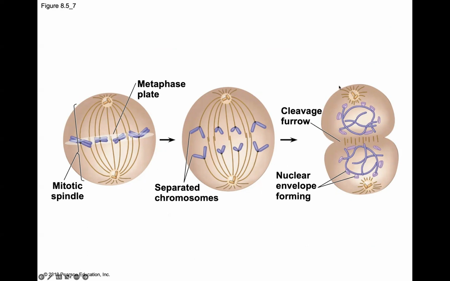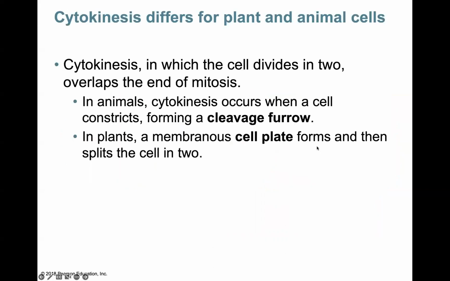In telophase, we see the creation of this cleavage furrow, and we see these two sets of chromosomes at opposite ends of the pole. We see these nuclear envelopes forming around them, and preparation for cytokinesis to take place. So this process of cytokinesis is when the cytoplasm splits and two new cells are generated.